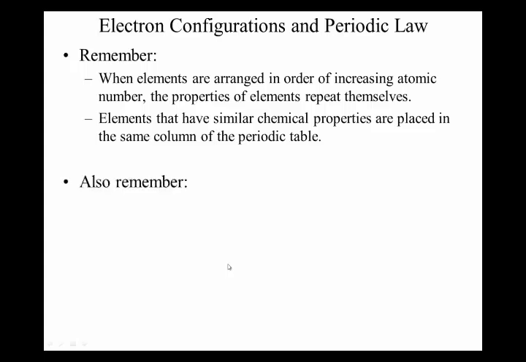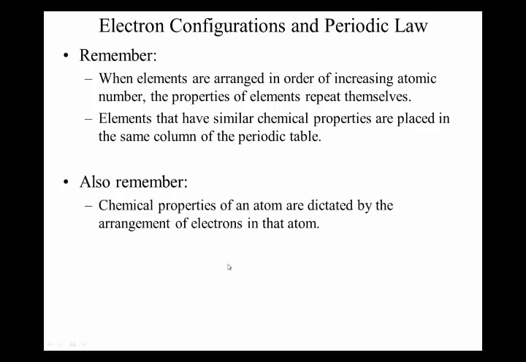Also remember this. Think about what causes elements to have the particular chemical properties that they do. Hopefully you said that it's the electron arrangement in that atom, right? So the chemical properties of an atom are dictated by the electron arrangement in that atom.